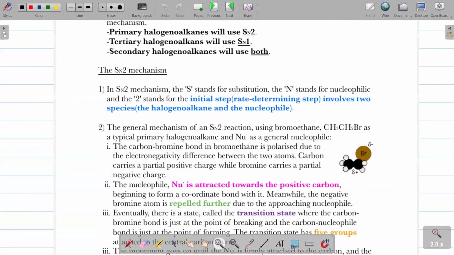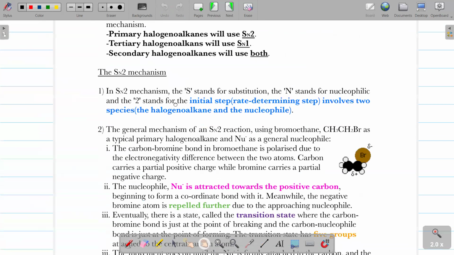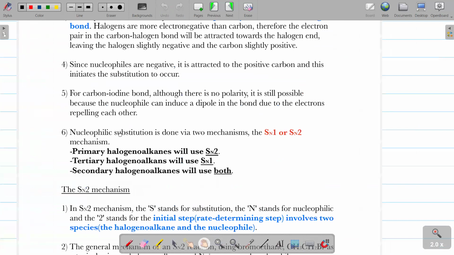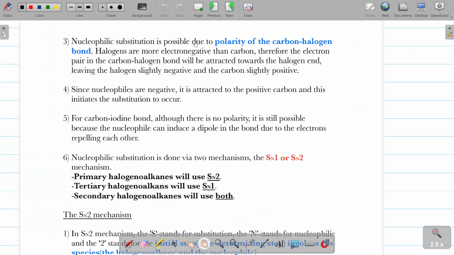Now, what do these nucleophilic substitution reactions basically mean? Nucleophilic substitution is possible due to the polarity of the carbon halogen bond. As I explained earlier, the bond between carbon and halogen is polar because of the difference in electronegativity. Halogens are more electronegative than carbon, so the electron pair will shift a little bit towards the halogen atom.